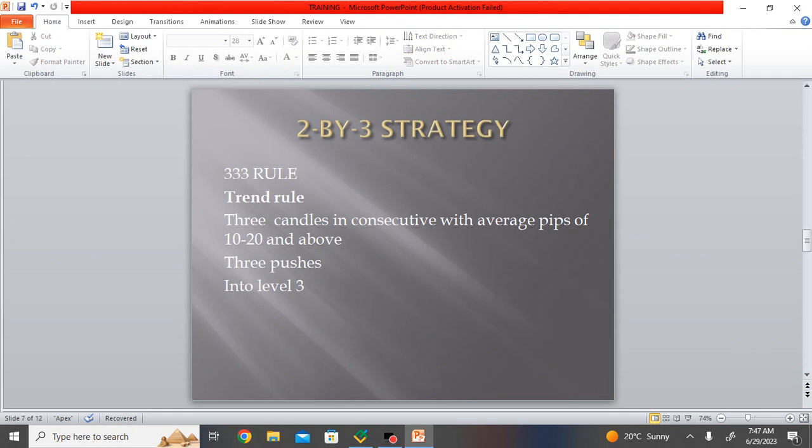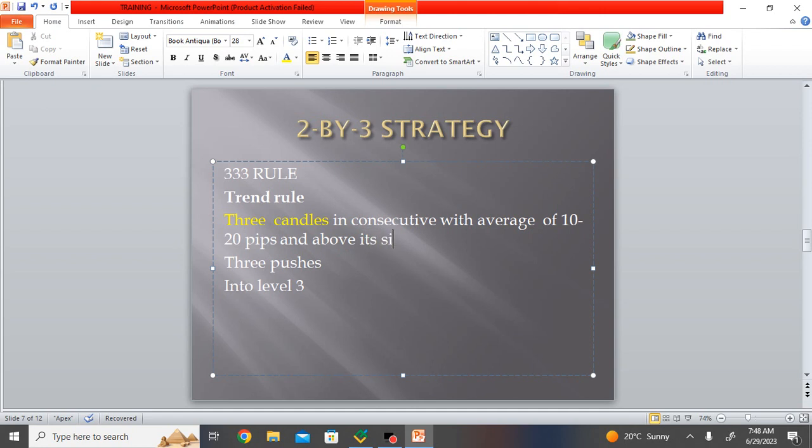Our main concept here: if 3 candles in consecutive with average pips of 10 to 20 and above, it signifies a buy trend. It signifies a sell trend.